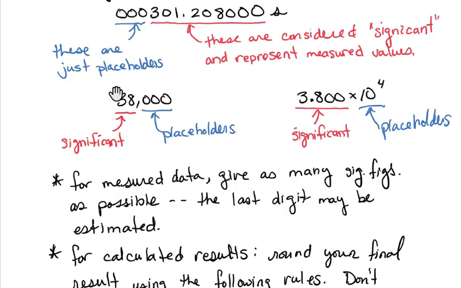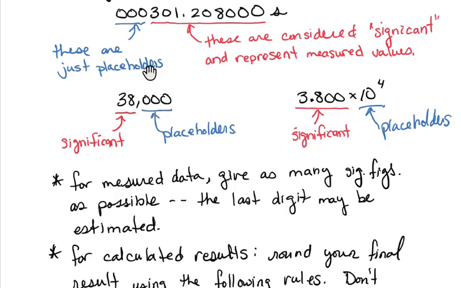Right? For a number like 38,000 written this way, and there's no little decimal put back here or anything, I'm just going to assume then that it's roughly 38,000. So then I would count the 3 and the 8 as significant, and these zeros back here as just placeholders.